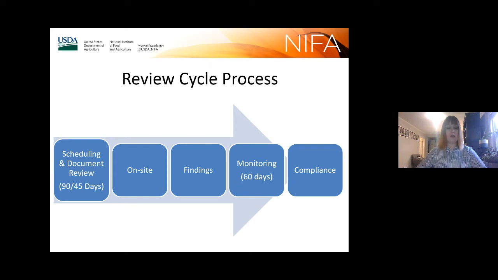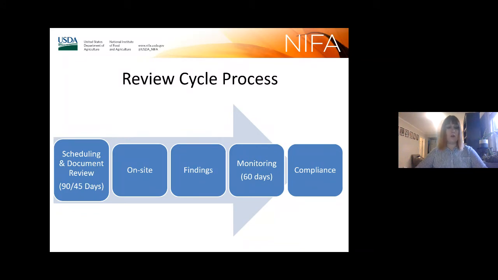After we get all the documents we need, after we review them, after we do our on-site and conduct the interviews and get back and file everything away, we will issue our findings to you. Our findings can take one of two forms. The first option is that you receive what's called a certification of compliance.